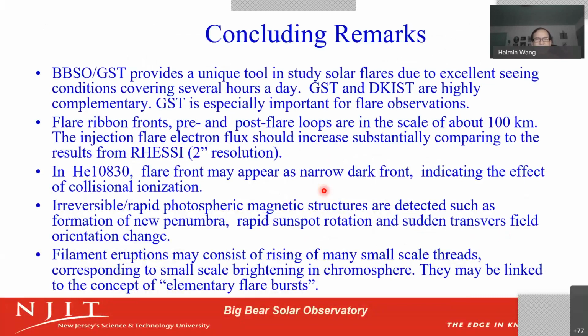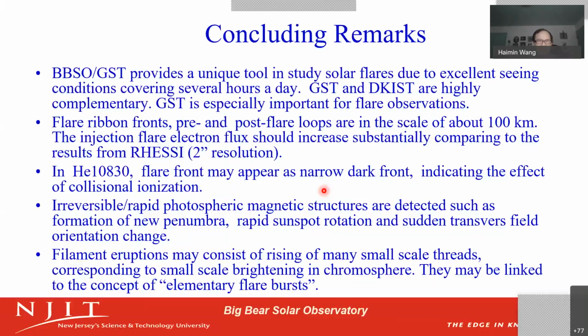The first, I just want to repeat that GST and DKIST are highly complementary, and GST is especially important for flare observations and also the observations around the flares. The flare ribbon and the pre- and post-flare loops are on a scale of about 100 kilometers. So that's a size that we can resolve with Big Bear observations.